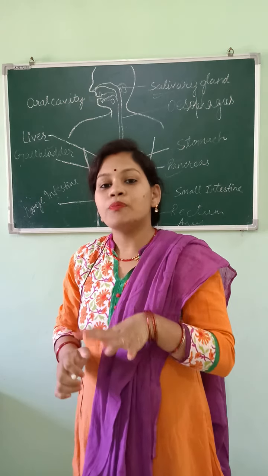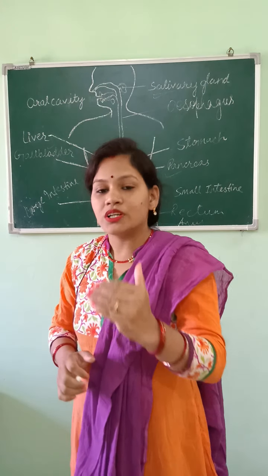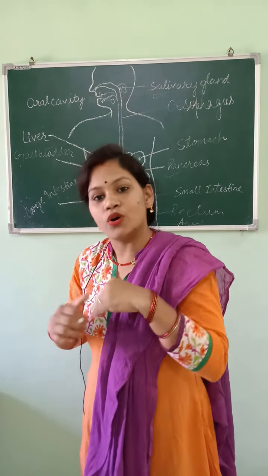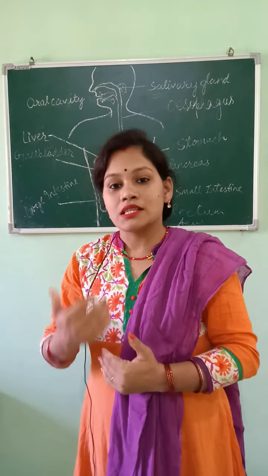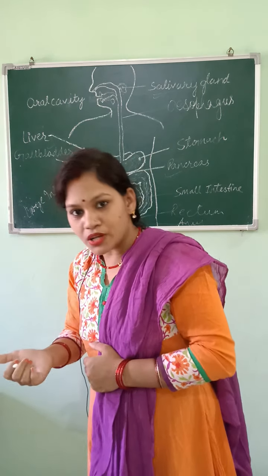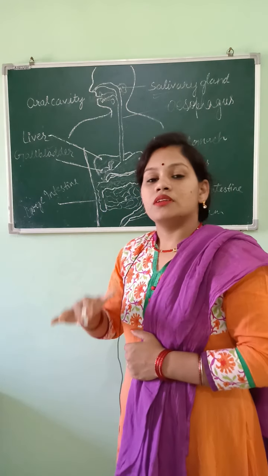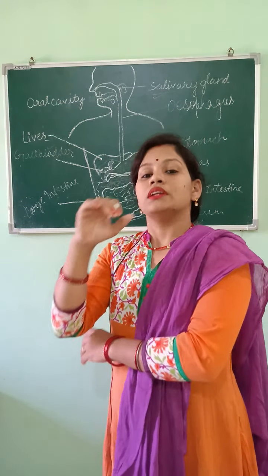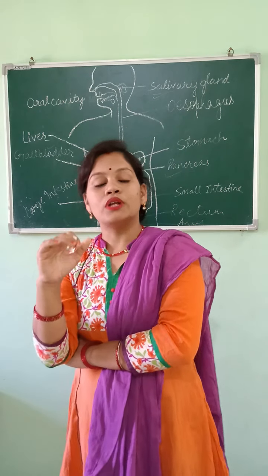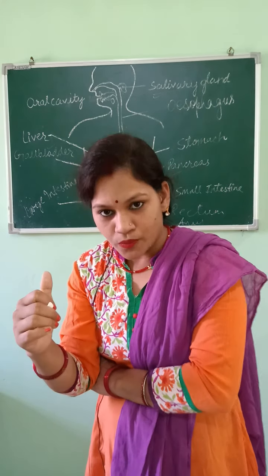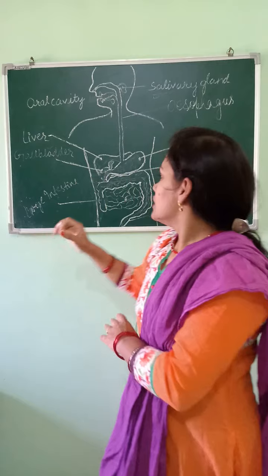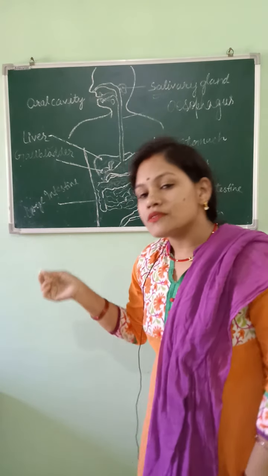They help in the digestion of complex food into a simpler form, and we all know that it is very necessary to convert it into the simpler form, isn't it? So these digestive juices break the food particles into simpler forms. Okay, so now we can say what the digestive system is.